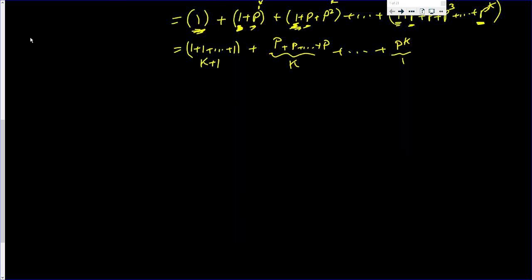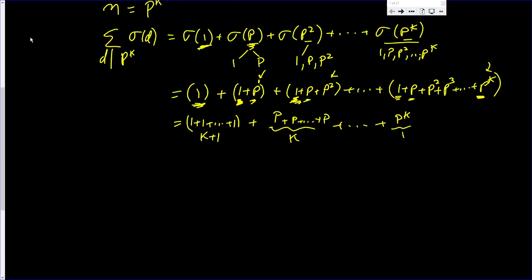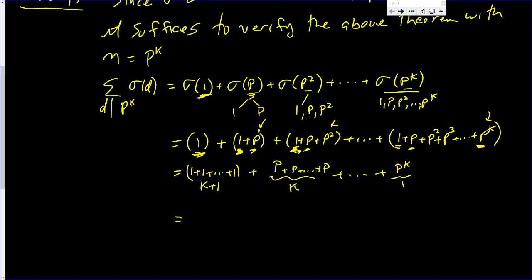So what we have is the following: k plus 1, plus p times k, plus p squared times k minus 1, plus p cubed times k minus 2.